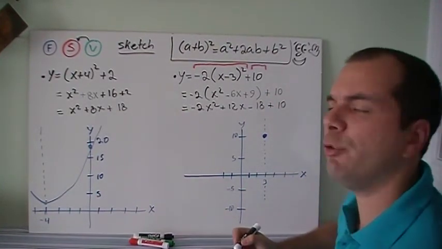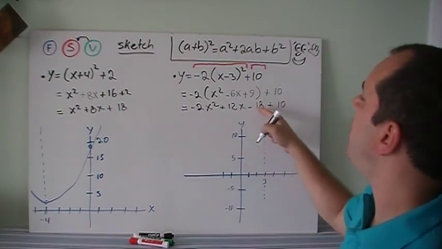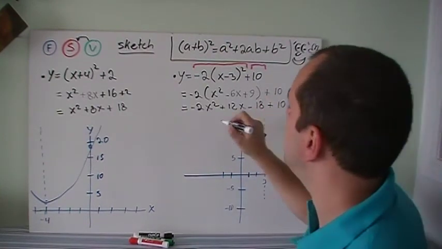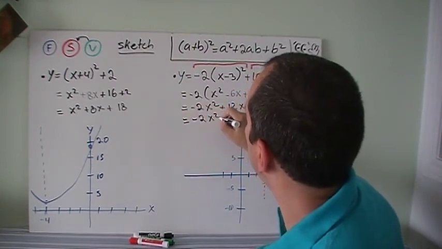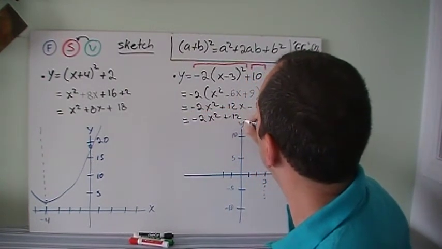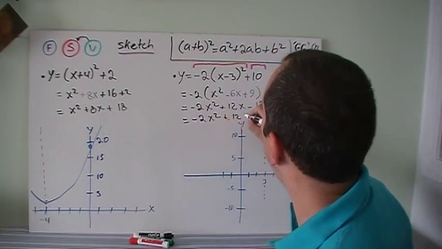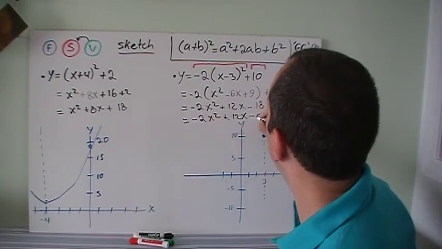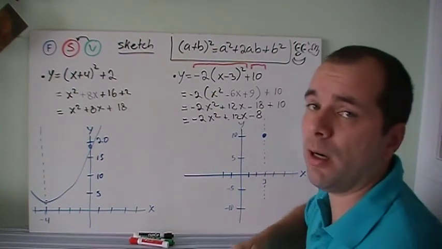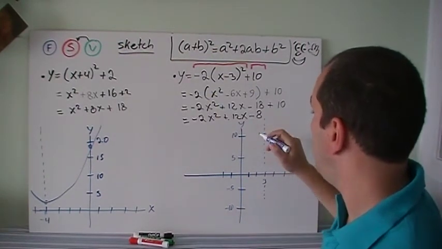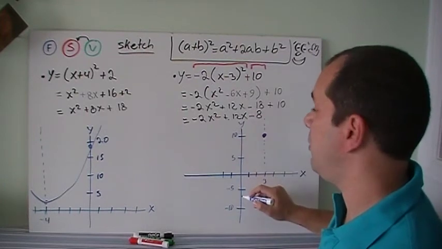I'm running a little bit out of room here, but I need to put the -8 and 10 together. So I'm just going to squeeze it in. -2x squared plus 12x minus 8. And that -8 is going to be our y-intercept.